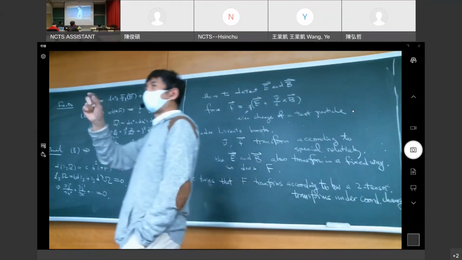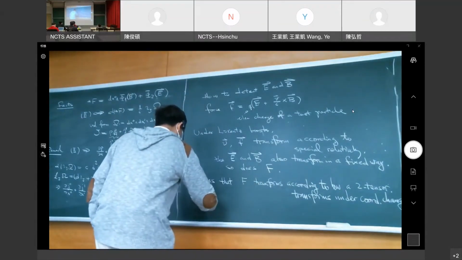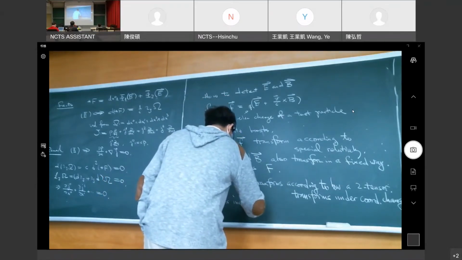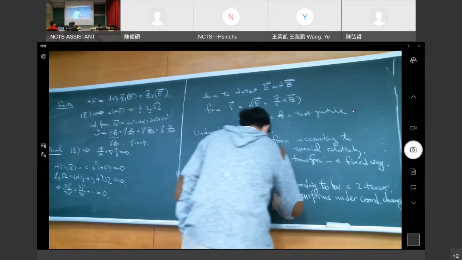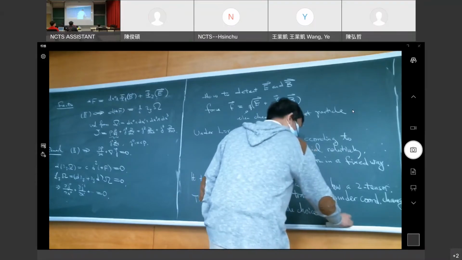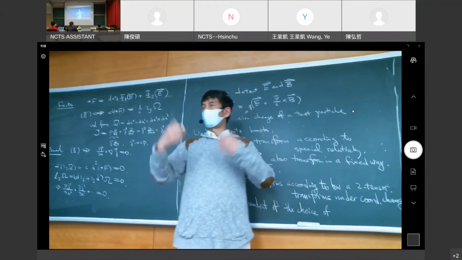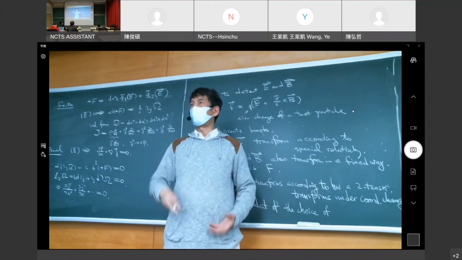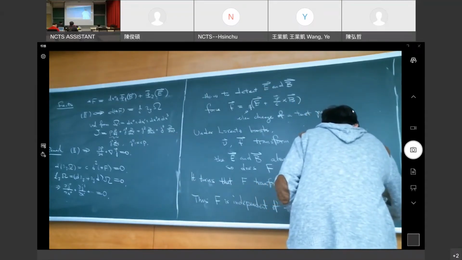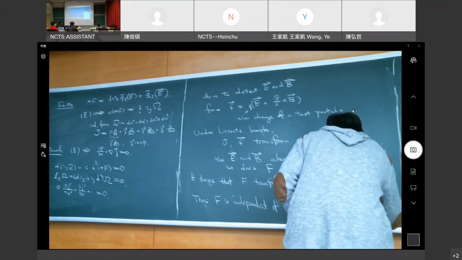Coordinate change means mixing x0 with x1, 2, and 3, and thus F is independent of the choice of space-time coordinates. So now we can mix x0 and x1, 2, 3, and regard this as the coordinates of one coherent space. So this is the Minkowski space-time.